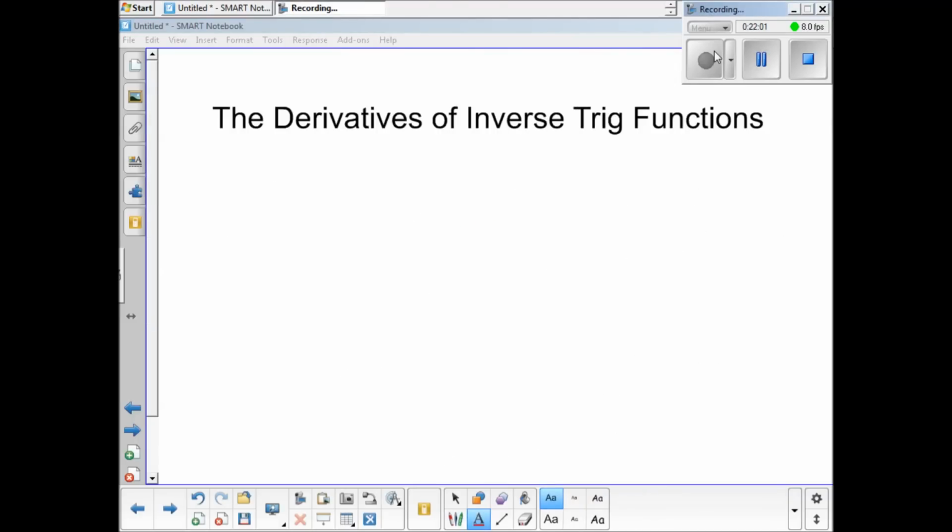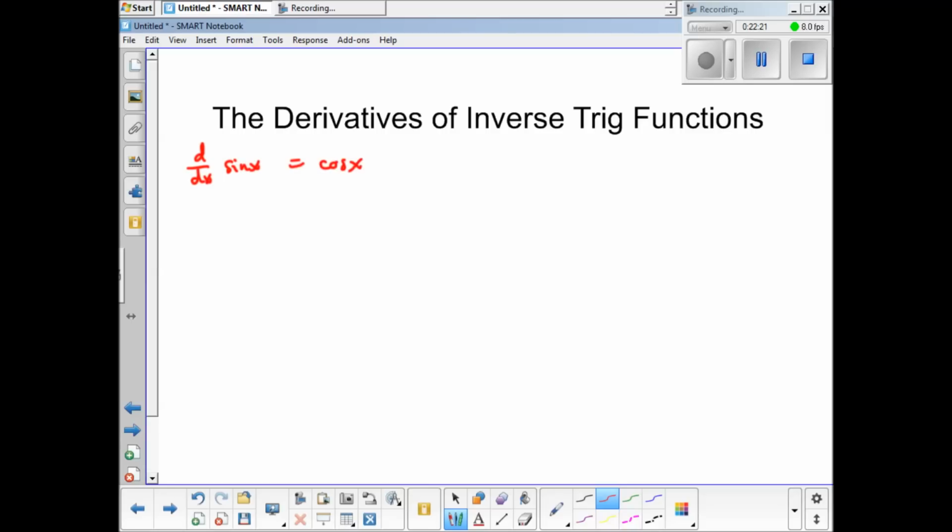Okay, now for the main topic of the day. We're not going to spend that long on this. Actually, it's really not very difficult to understand. We're going to be trying to find the derivative of some new functions. So let's just review what we do know. We know that the derivative of sine x is cosine x.